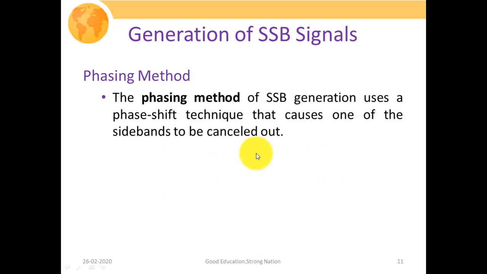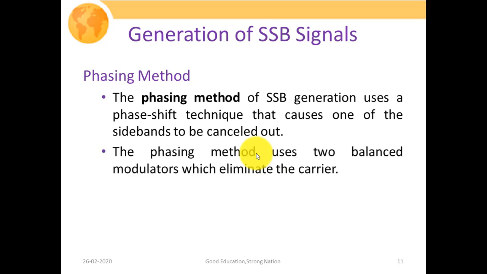The phasing method of SSB-SC generation uses a phase shift technique that causes one of the sidebands to be cancelled out. How this actually happens, we will understand via some mathematical details. The phasing method uses two balance modulators which eliminate the carrier, as we have already seen in the block diagram description.